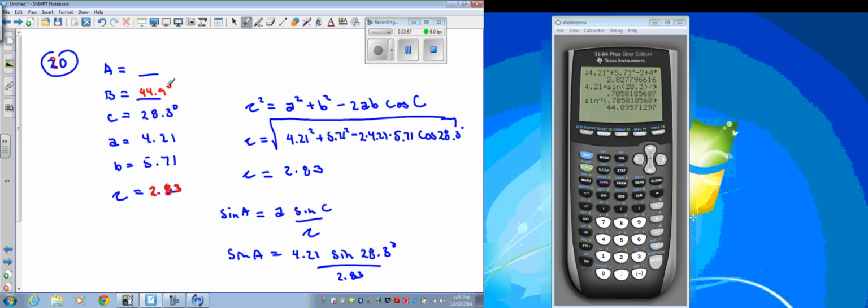Now what I want to do is calculate A, and I can calculate A by doing 180 degrees minus the sum of those two. Oh yeah. All right, B is what I want then. 44.9. So I go plus 44.9.